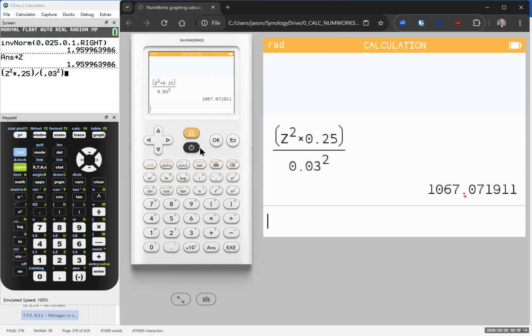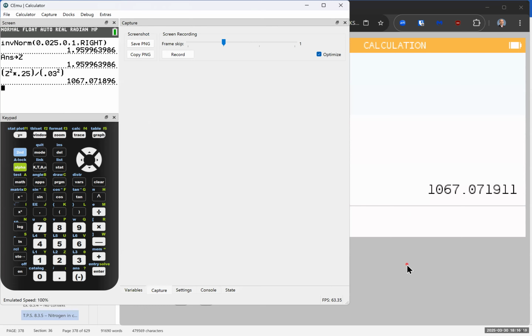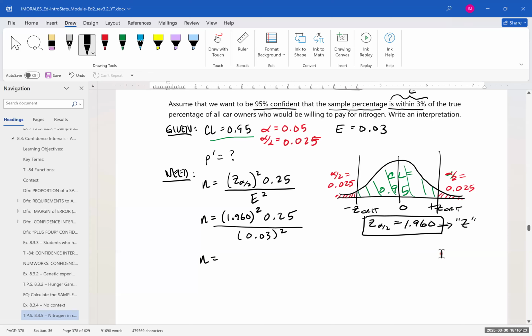So I get 1,067 and some change. There we go. 1,067.0, and it keeps going. So we want to round that up to 1,068.